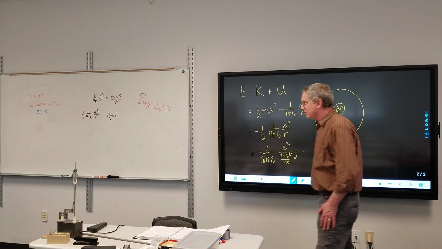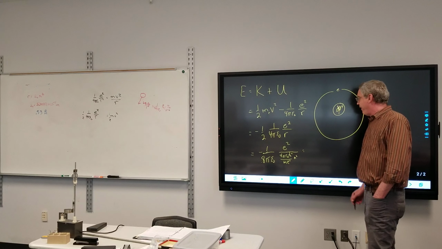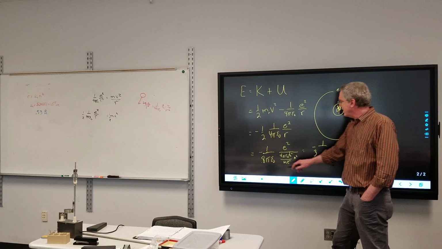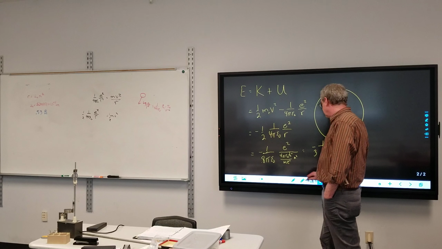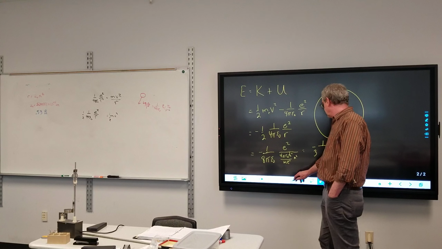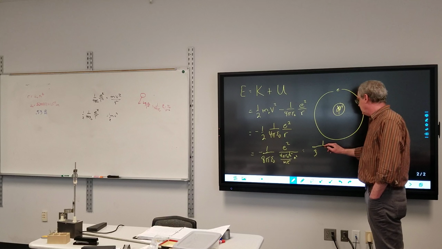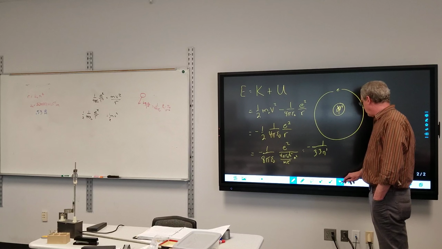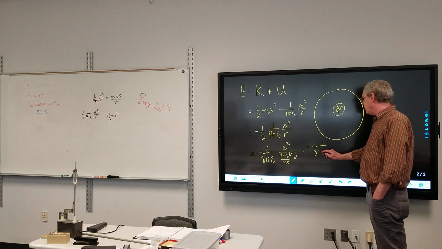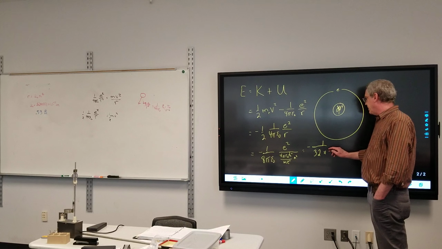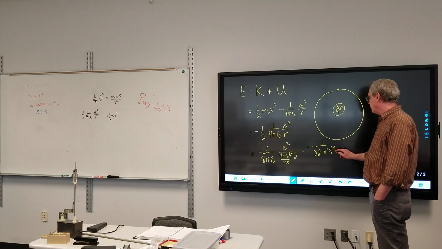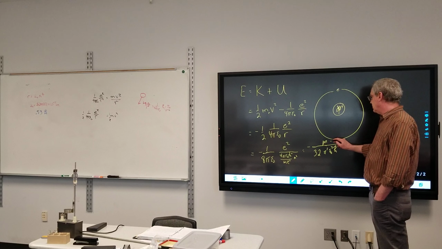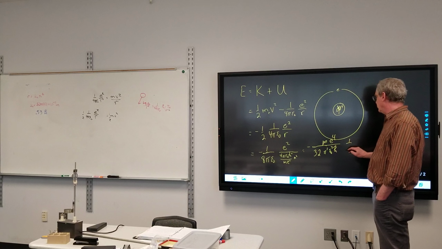And again, n is just some counting number. And we end up with negative 1 over 32. That's not 0.8, that's 8. Negative 1 over 32 pi squared epsilon naught squared h bar squared times mass e to the fourth power times 1 over n squared.